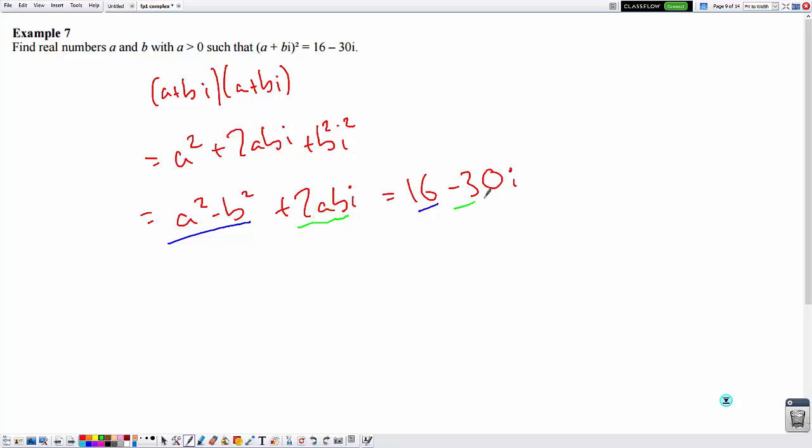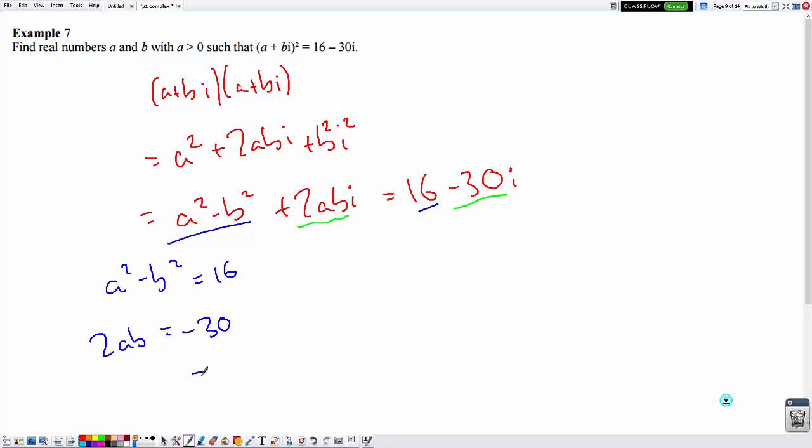So let's start with: we've got a squared minus b squared is equal to 16. And we've got 2ab is equal to minus 30. Solve the simultaneous equations by substitution.